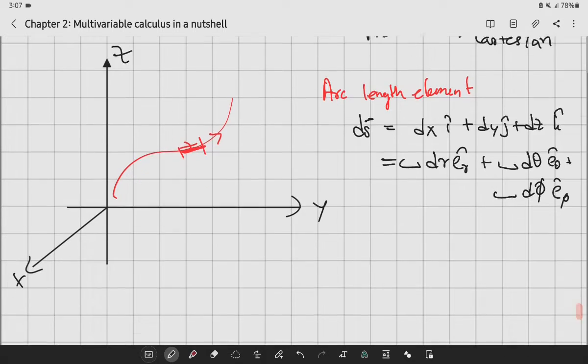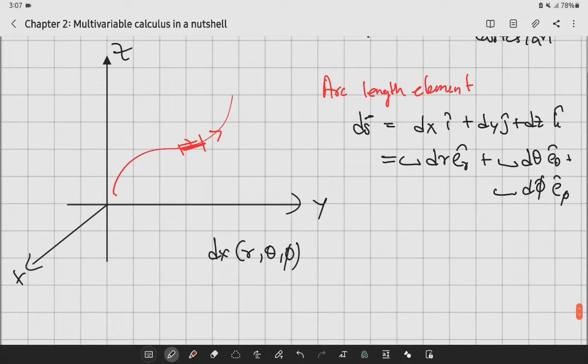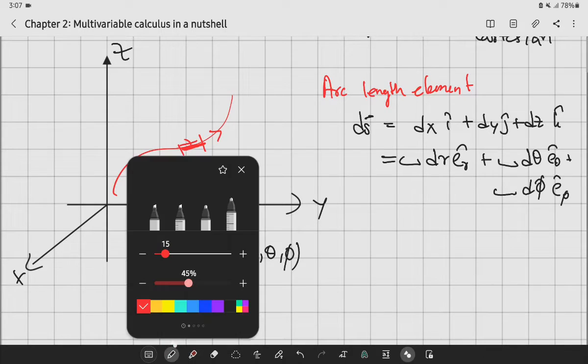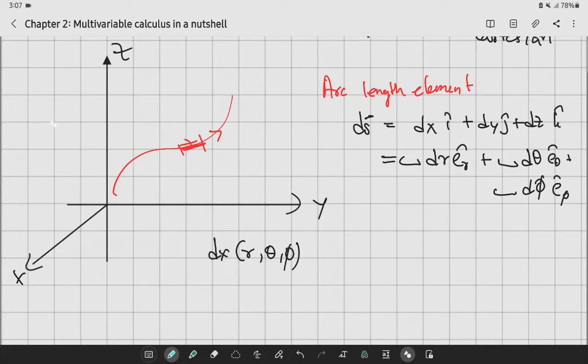The idea is as follows. So dx, when you convert to r, theta and phi, for instance, say this is xyz, and I want to embed this in a spherical coordinate system. So what will this element be in that case?